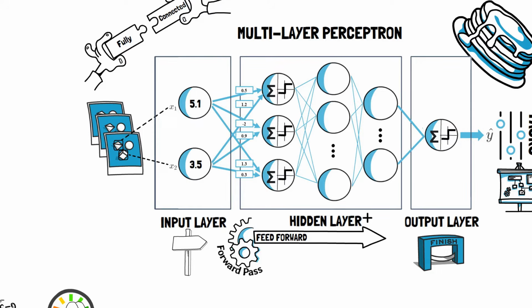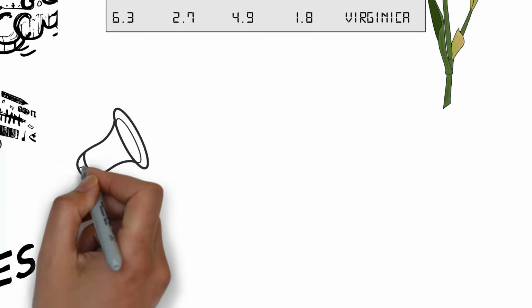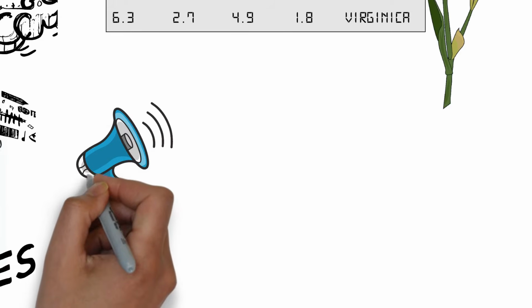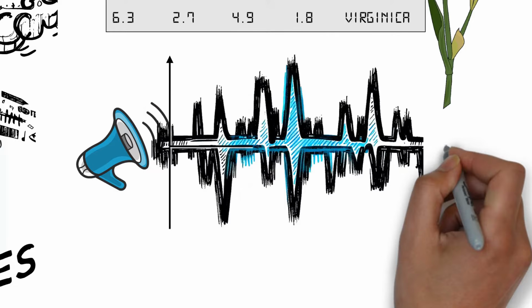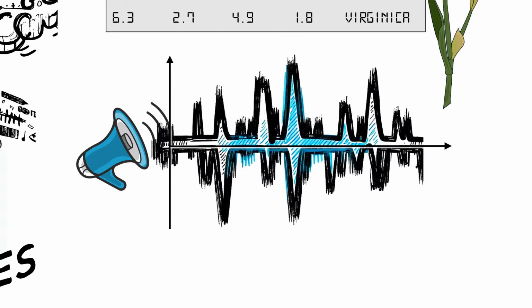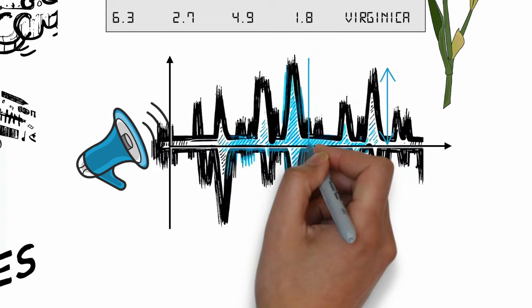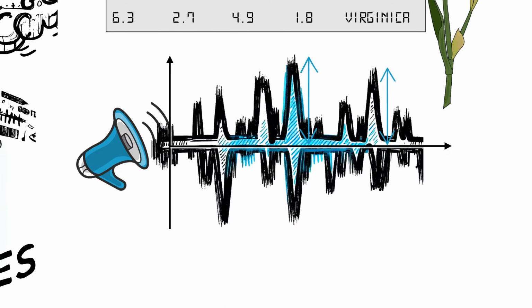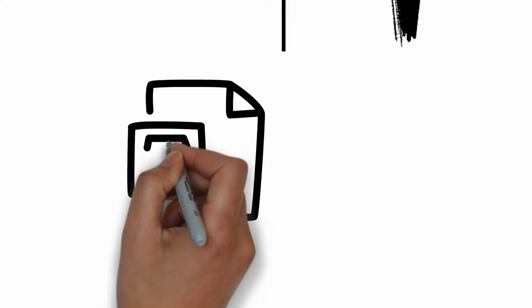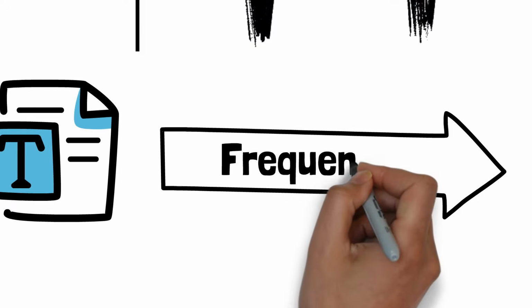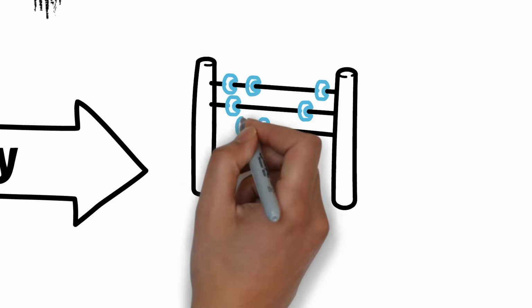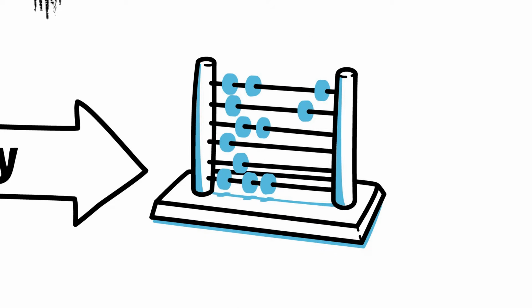However, the versatility of MLPs means that almost any data can be translated into numbers. For example, sound can be converted into numerical amplitudes at specific time intervals. In this case, each feature corresponds to an amplitude at a given moment. Words within a text can be represented, for example, by their frequency of occurrence, making each feature the count of a particular word.